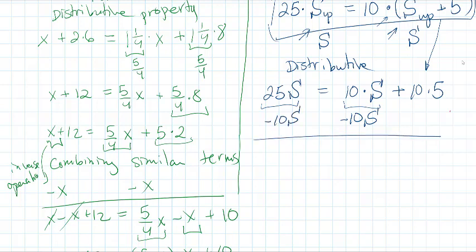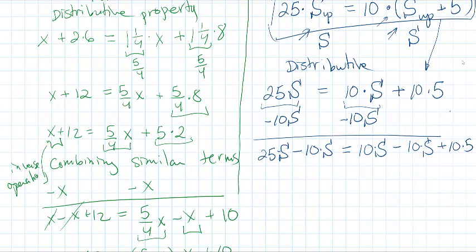Let's subtract 10s from both sides. So on the left, we have 25 times s minus 10 times s. And on the right, we have 10 times s minus 10 times s plus 10 times 5. Now again, s is our variable.